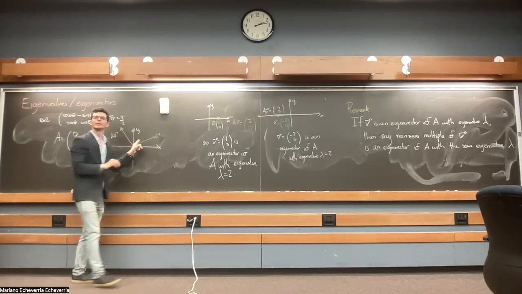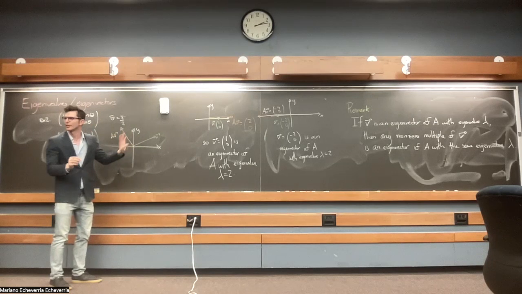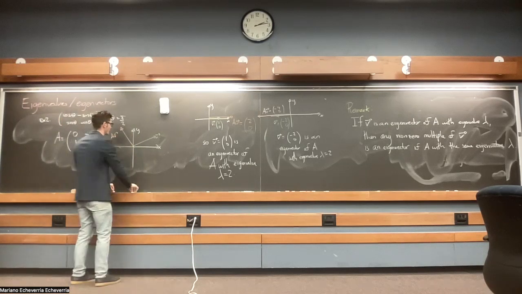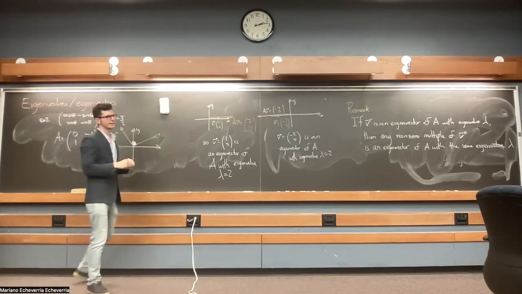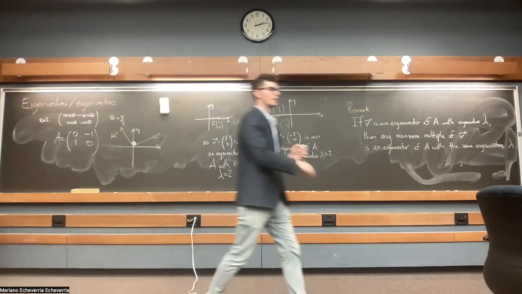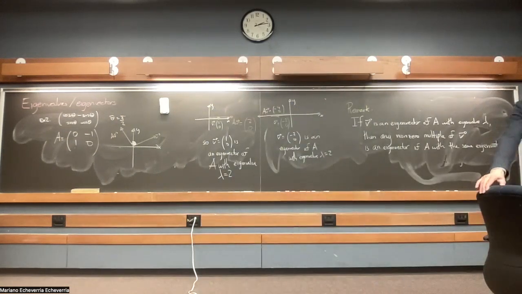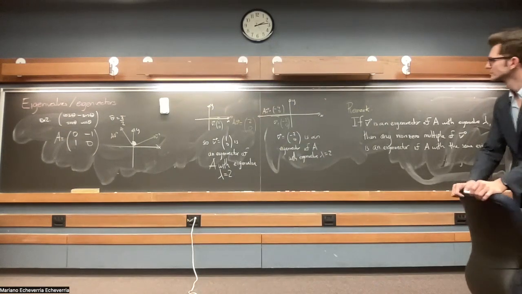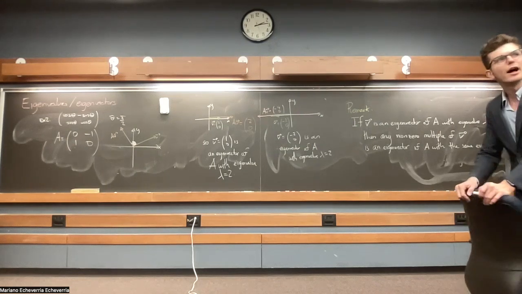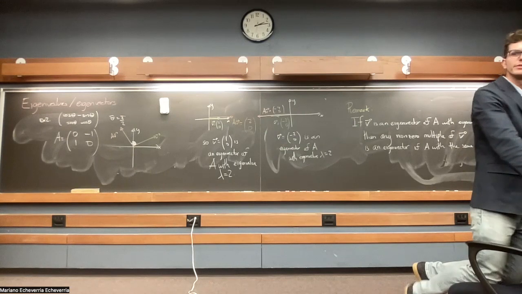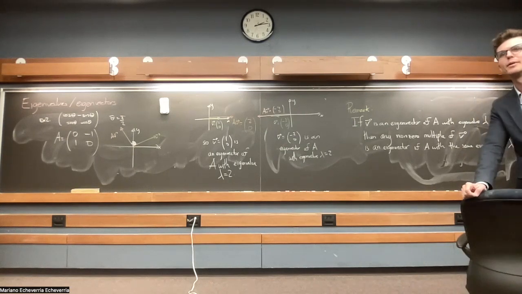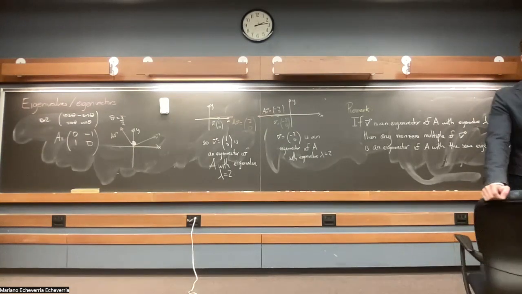So in fact, it makes it perpendicular to the original vector, although that's less important now, but there's a 90-degree angle here, right? So if I ask you, are there eigenvectors for this matrix? What do you think?